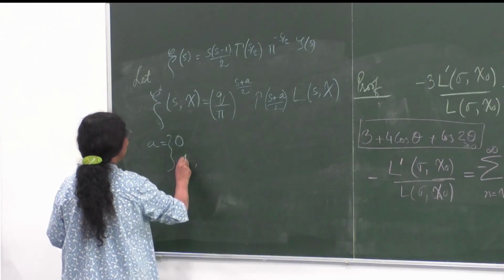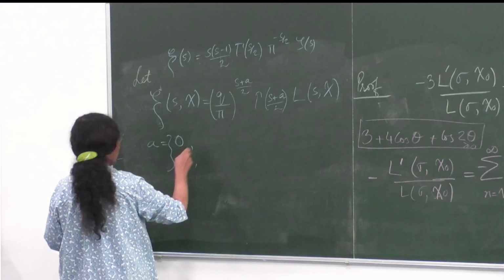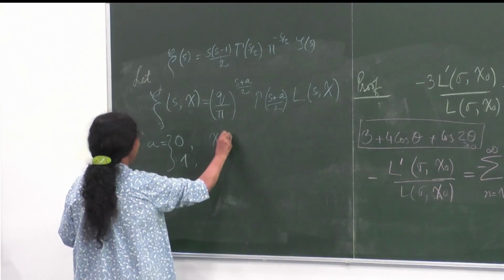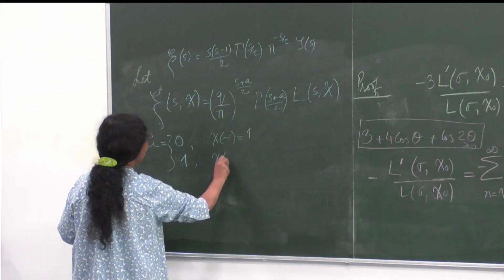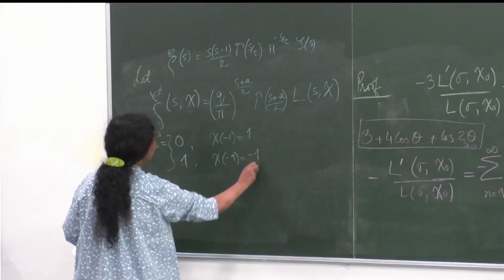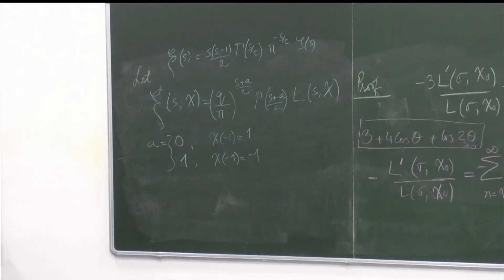A is either equal to 0 or 1 depending on whether chi of minus 1 is equal to 1 or minus 1. Okay, so notice that when q is 1, this can degenerate to the case of the Riemann zeta.